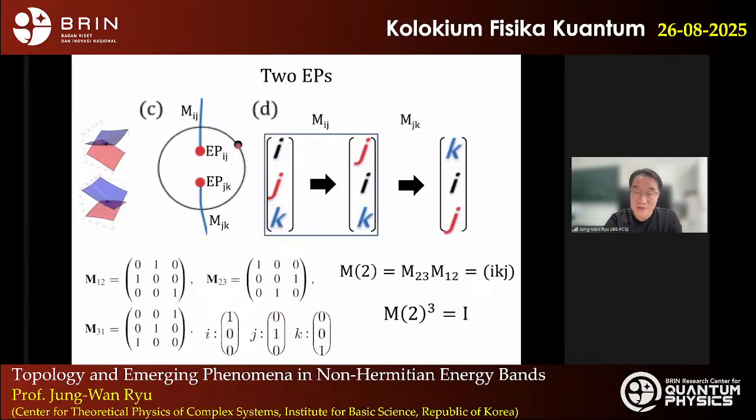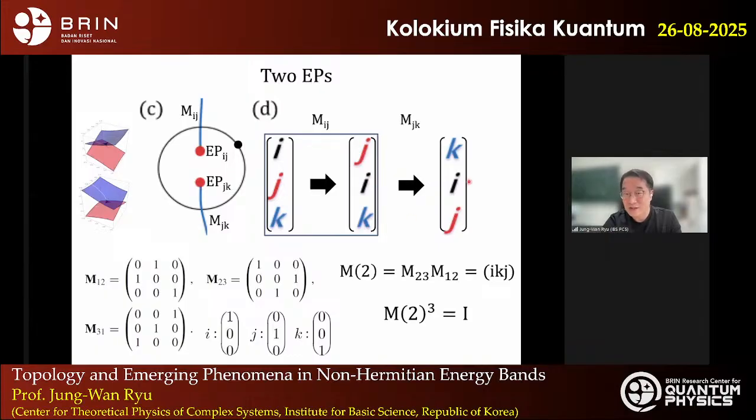If our parameter follows this line and crosses the first branch cut, the I and J states exchange with each other, but K is not affected by this exceptional point. So K maintains its state, and they follow this line and cross the MJK. In that case, J changes to K, and K changes to J.